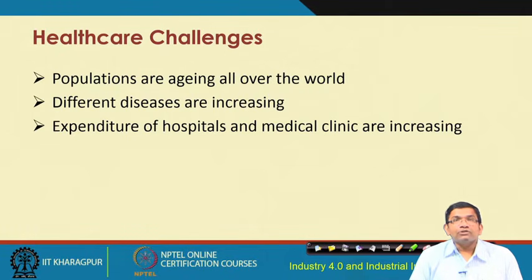Scalability of IIoT solutions will have to be taken into account, not only in terms of numbers, but also in terms of diversity, catering to different types of diseases, different types of hospitals, different types of medical clinics having different facilities. So, the generic healthcare challenges also have implications on the IIoT implementations in the healthcare industry.